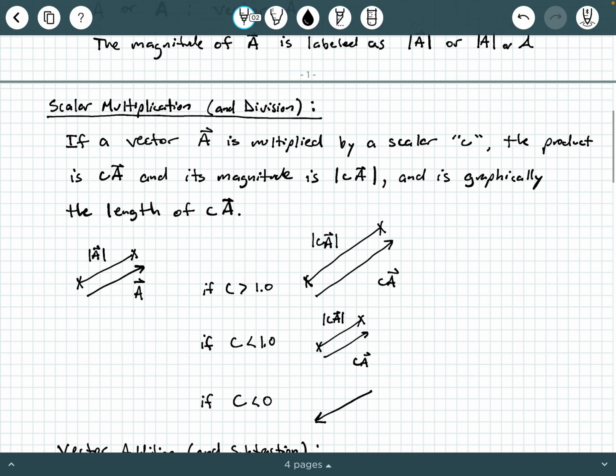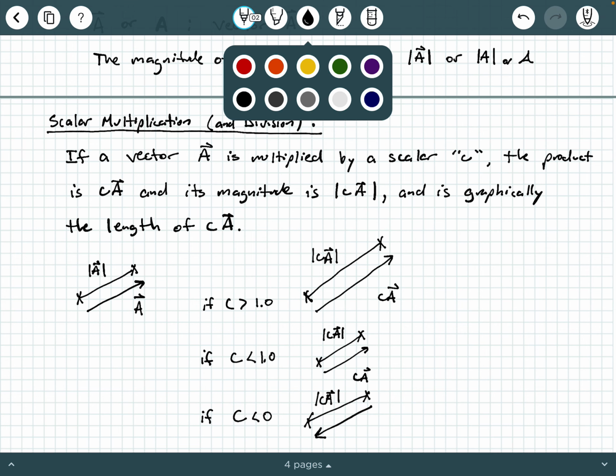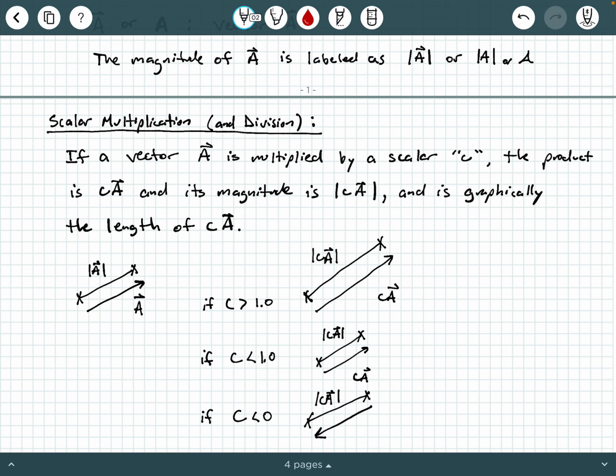And again, the length of it is still the absolute value of CA. So that's one thing to keep in mind. For negative scalars, if you said like -1 times A, for example, it's going to flip the direction. The arrow is going to be pointing opposite of what the original was pointing. So maybe make a note of that here.